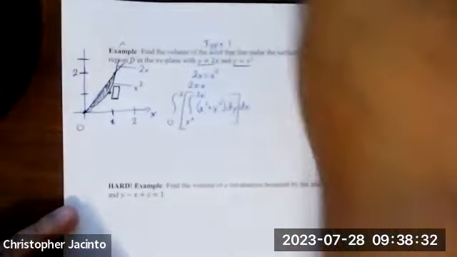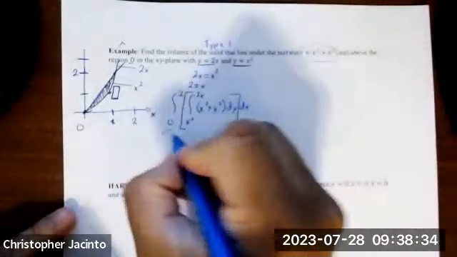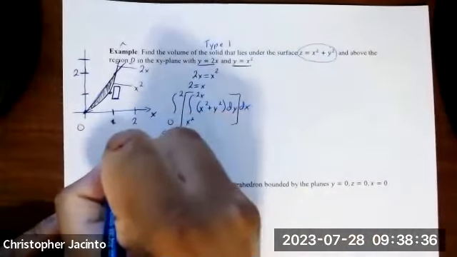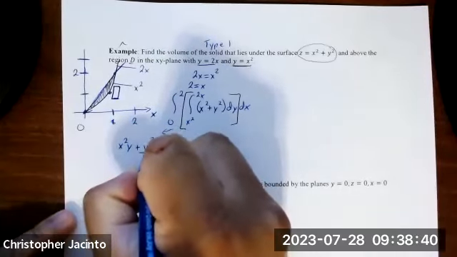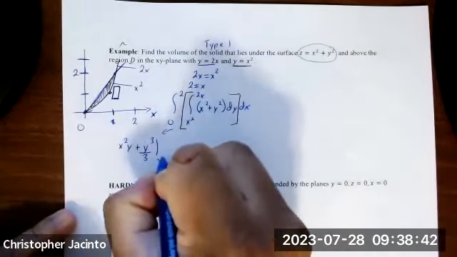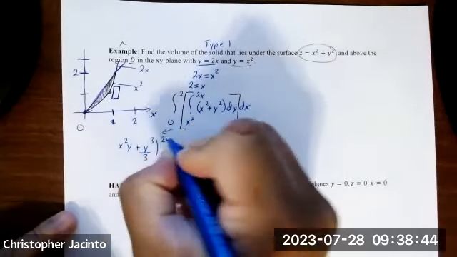So with respect to y first, this ends up being x squared y plus y to the third over 3, evaluated at x squared and 2x.